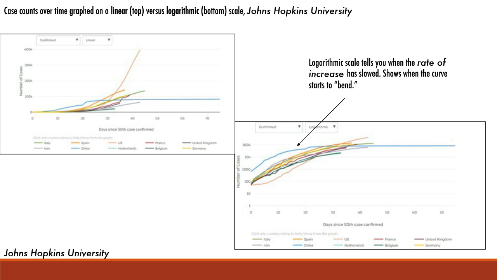And then this blue line is China, and you can see that that curve is bending downwards. That means that the rate of growth of the virus is actually decreasing over time. And that's what people mean when they say bending the curve. This blue curve has been bent. China was actually able to bend the curve and get the growth rate down to 0. You can see that actually the line becomes flat or horizontal after a while.